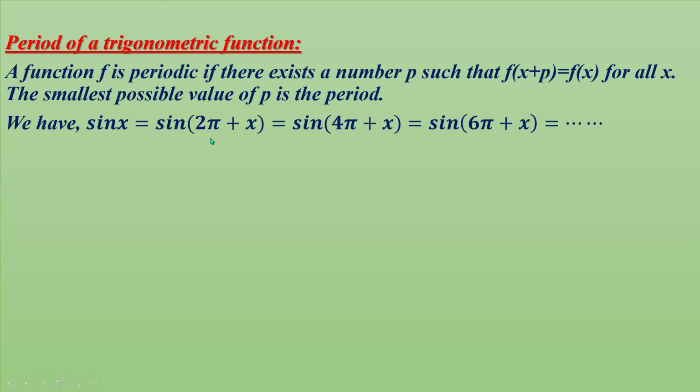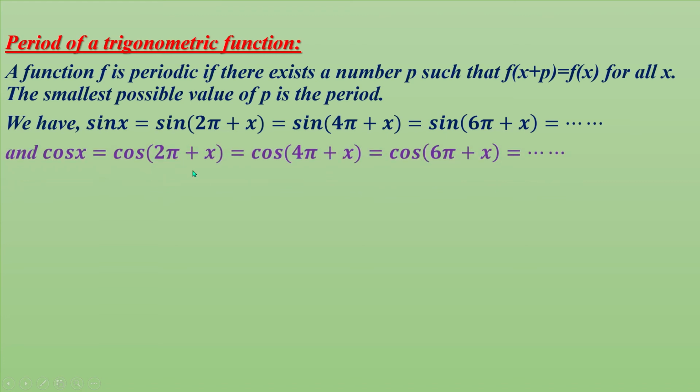But here 2 pi, 4 pi, 6 pi, which one is smallest? Here 2 pi is the smallest, so the period will be 2 pi. By definition, the smallest possible value of p, not 4 pi or 6 pi. Clear? This is a period. So sin x is a periodic function of period 2 pi.